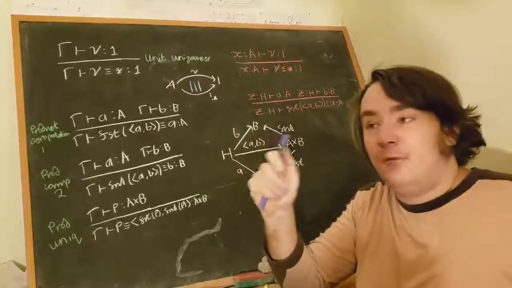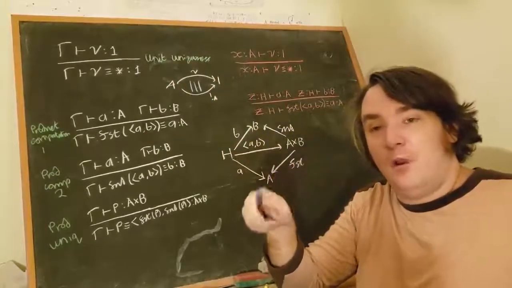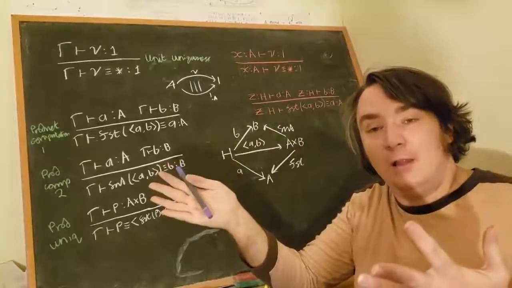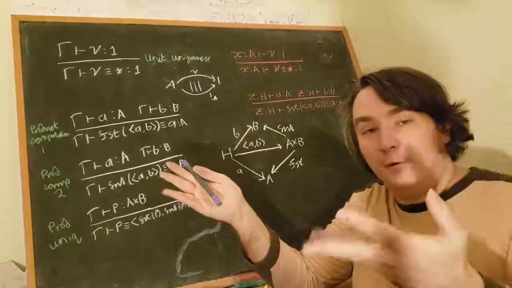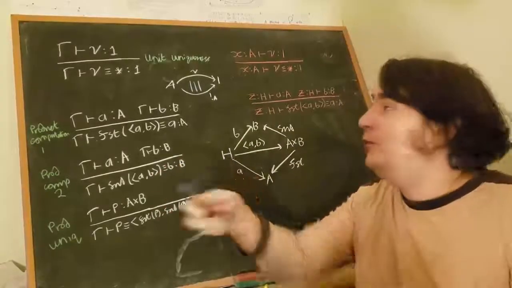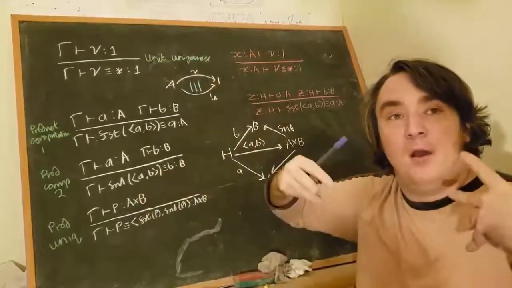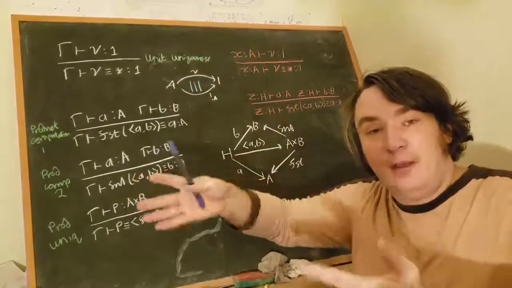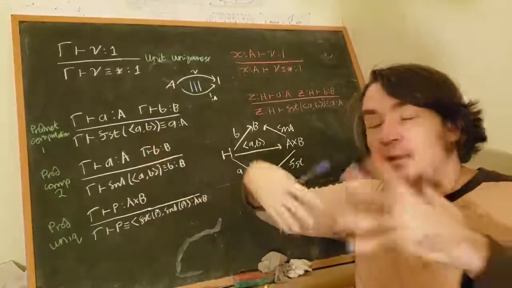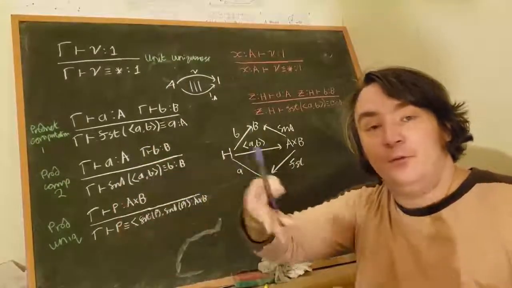So think about how you might explain to someone what a set with a single element is. You could say there's an element in this set and it's called star, and any element in this set is equal to star.